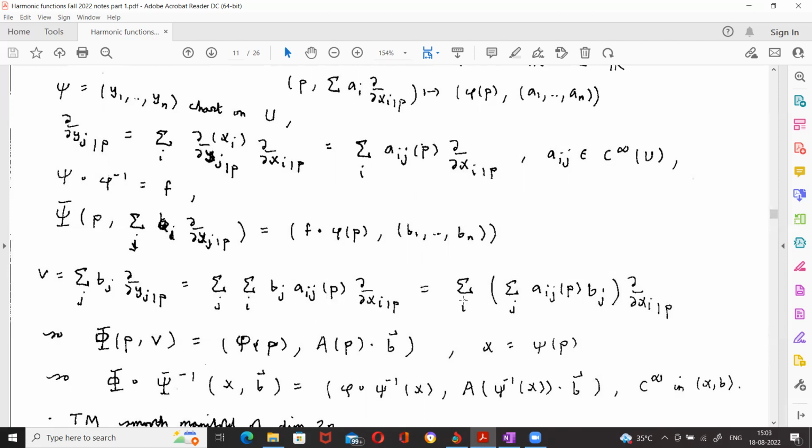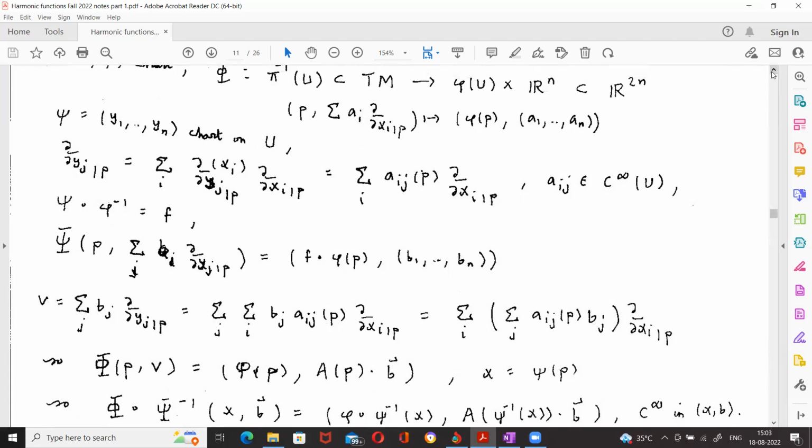This becomes the sum over i of the sum over j of aij bj, times del/del xi. So under the chart capital phi, my coefficients of del/del xi will be the summation of aij bj.